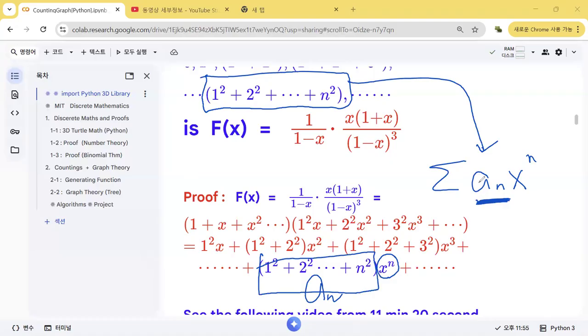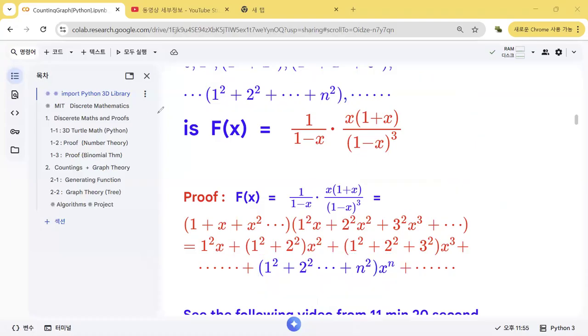We need to find the coefficient of x to the n, that is a_n. Then we can get the formula. So that's the idea, and let's find this coefficient in part three.